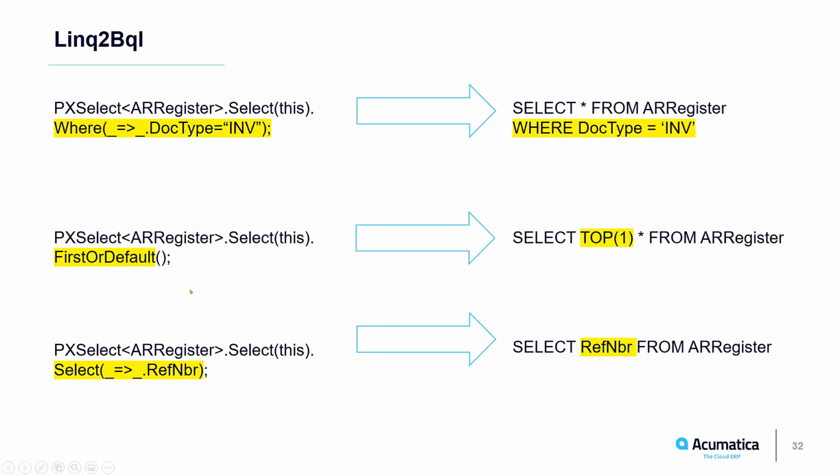And if we get back to our current topic, how to restrict the amount of fields that you're selecting from some table, you can use the same thing. If you, for instance, use that PXSelect and you add a Select with that lambda here, so underscore dot ReferenceNbr, it will indeed propagate that to your SQL. It will not add other fields.